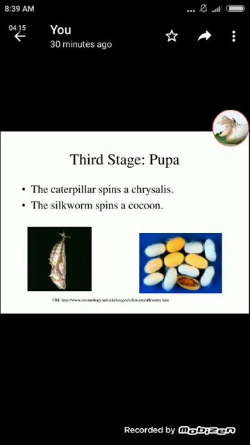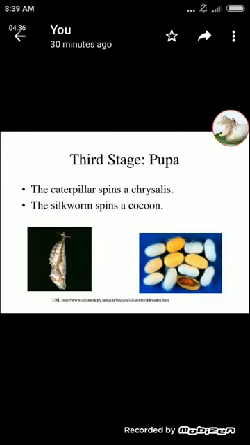by silk fiber and turns into a pupa. The silk fiber from which saris and shawls are made, we get from the cocoon. These whitish eggs you are seeing are silk only, made by the caterpillar.